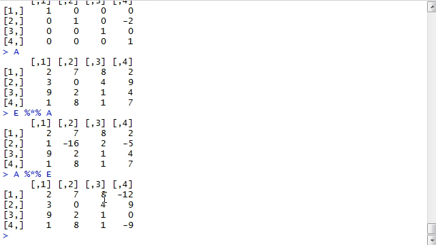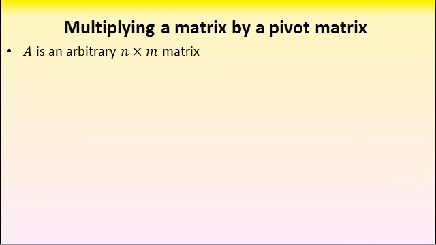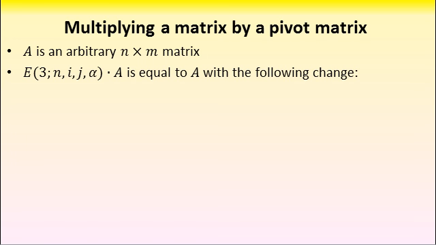Post multiplying by E will lead to a similar result. In this case, it'll now be the fourth column of A that will be replaced. And the fourth column of the product will simply be the fourth column of A minus 2 times the second column of A. So let's review these results. If A is an arbitrary n by m matrix and I pre-multiply by a pivot matrix, then that will give me a new n by m matrix with the following change.